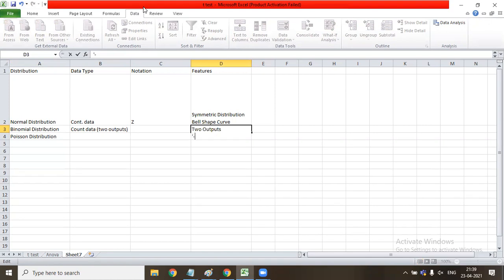So this distribution is used when we need to count the percentage or the probability of defects versus no defects. So whether a unit is defective or not defective. Whenever the output is defective versus not defective, because we have two outputs, either the unit that we have produced is defective or not defective.